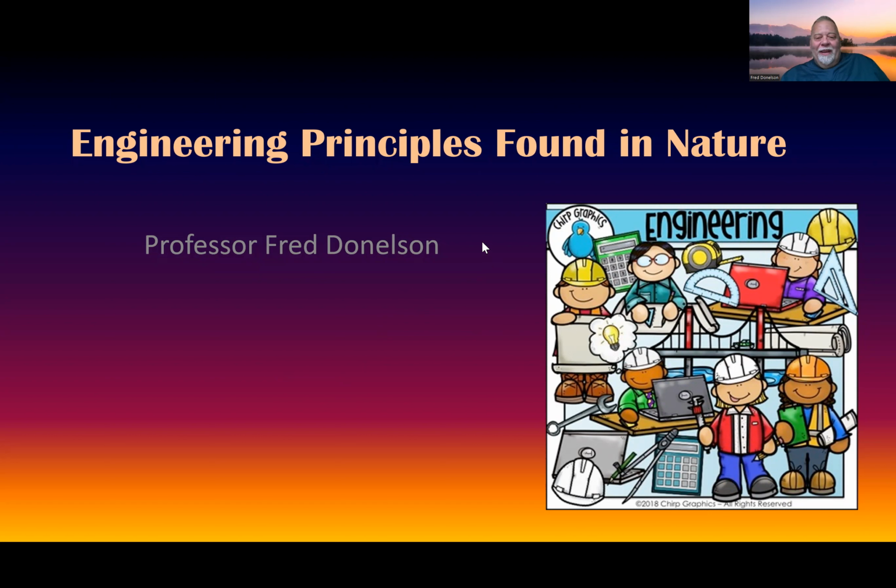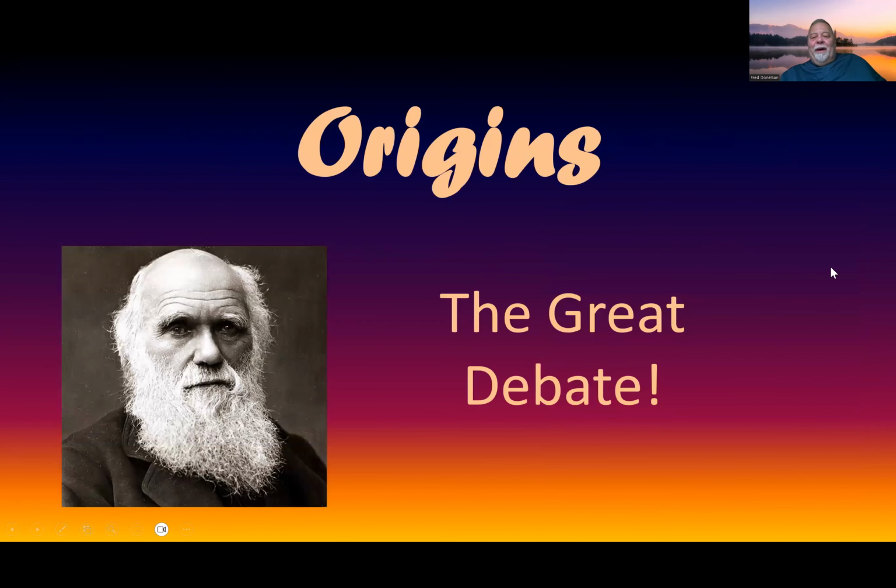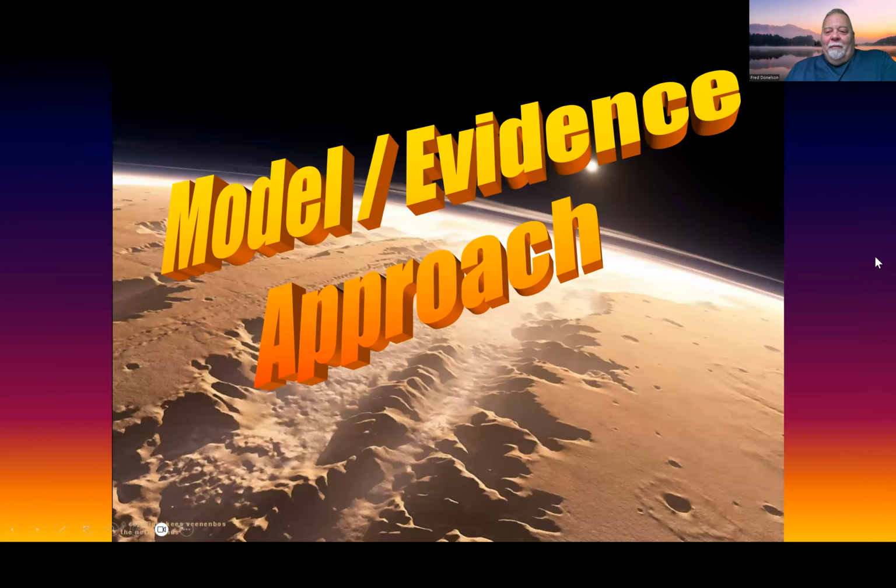Now, remember, we're talking about origins, which always causes debate no matter where you bring it up or what kind of crowd you're in. You usually can find someone on a couple different sides of this debate. And remember what we're talking about. Our approach to this whole thing is a scientific one.